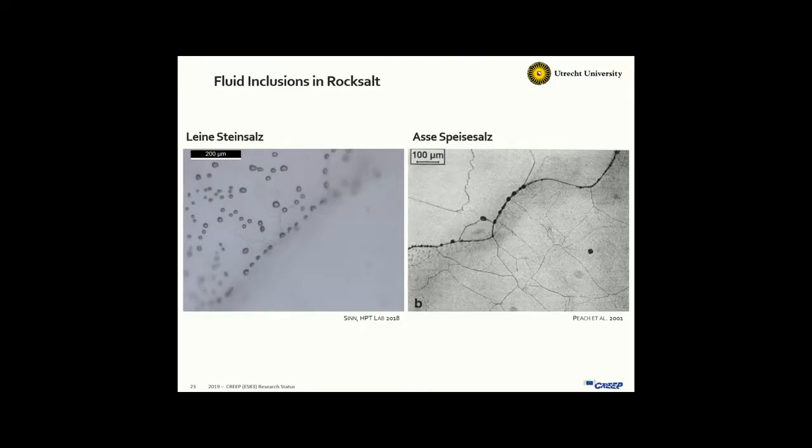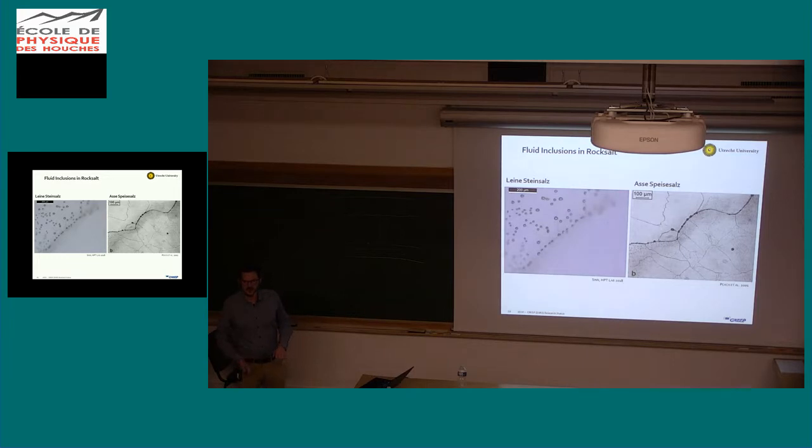However, we think this concept is not sufficient to look at how fluid inclusions behave or deform in natural rock salt. Here we have some inclusions that are on a grain boundary, an array of inclusions that I took in our lab, and there are also in the literature a lot of examples where you see round fluid inclusions on grain boundaries, or within a grain, isolated.